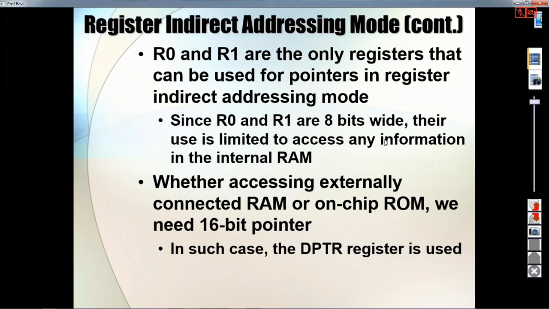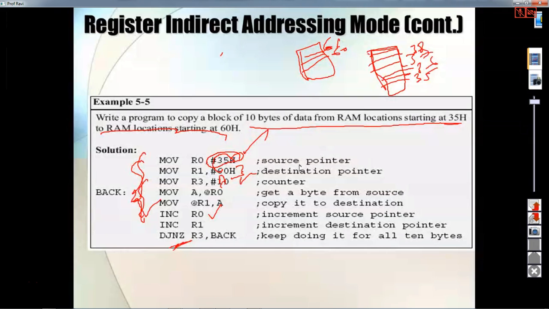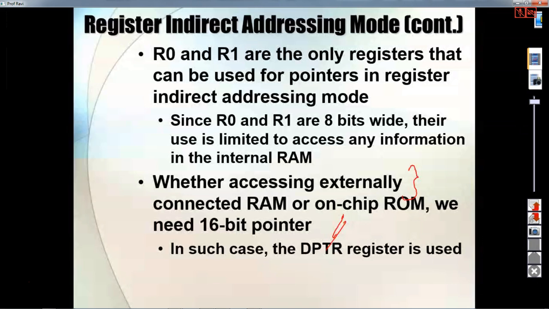Since R0 and R1 are 8 bits wide, their use is limited only to the internal RAM. If you want to point to the external RAM or ROM connected to the 8051, then you have to use the data pointer register. So here only R0 and R1 are used as pointers. Keep this in mind.